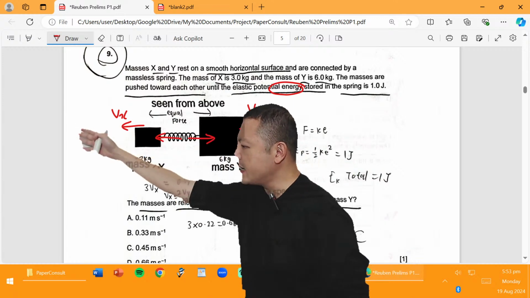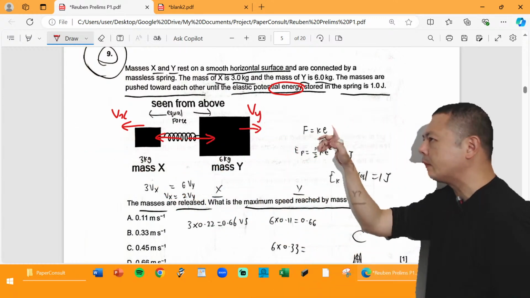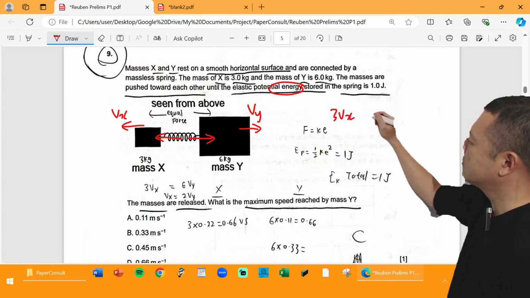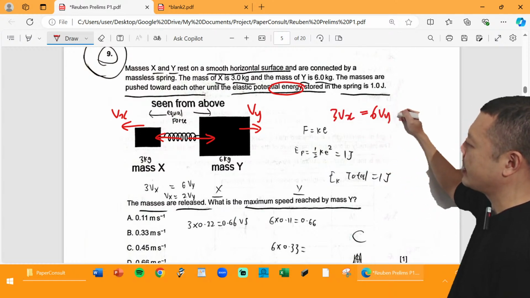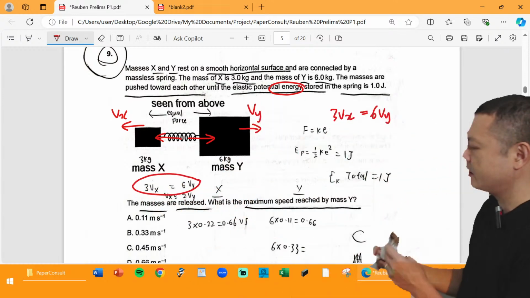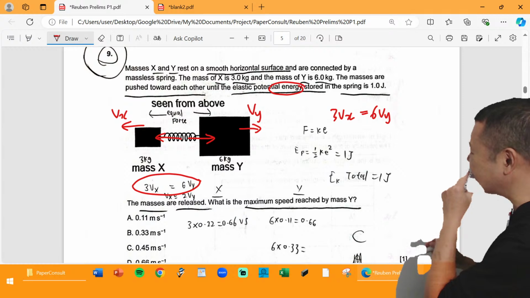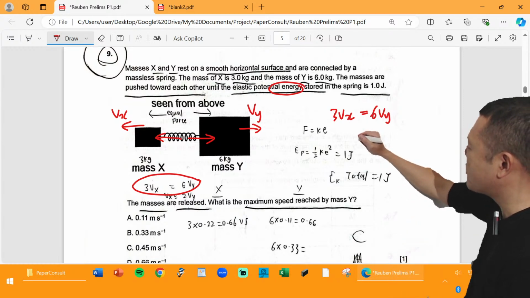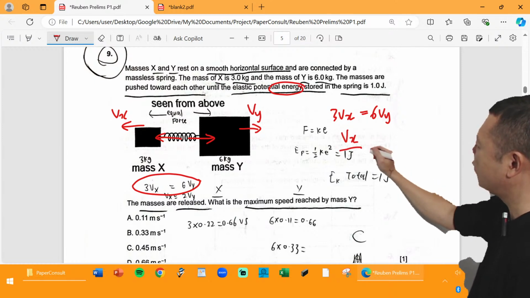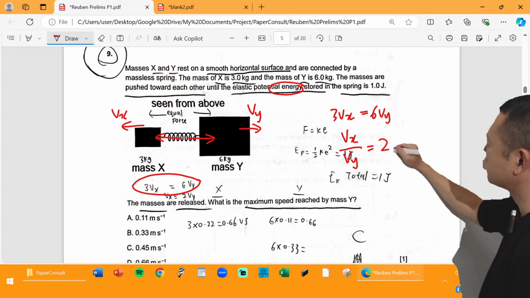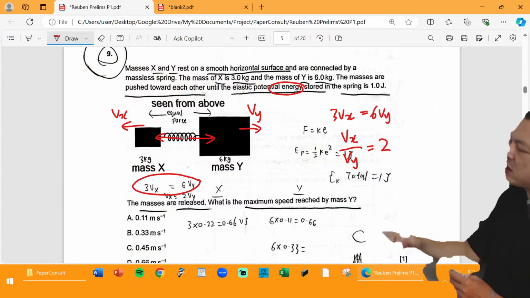The momentum gained this way and the momentum gained that way add up, so the whole system is zero. So you get 3Vx equals 6Vy. Oh, you've written it there. Yeah, there you go. One thing you might miss out is that Vx over Vy will be 2. I would rather write it like that instead.